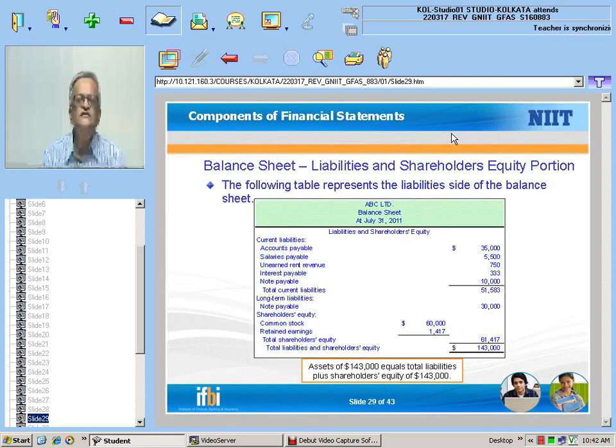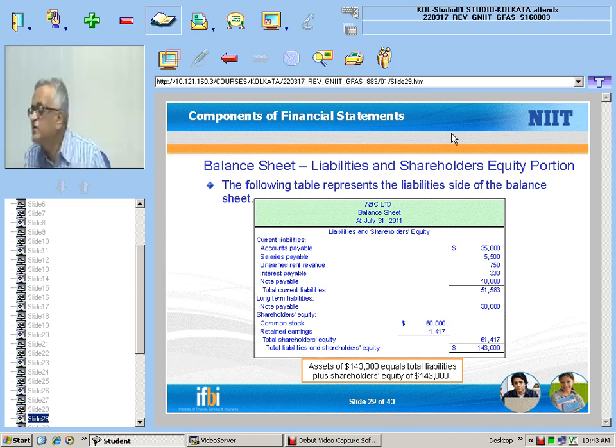And this is the liability side. Similarly, on the liability side also, current liability, non-current liability and equity. So in current liability you can see accounts payable, salaries payable, then unearned revenue, interest payable, note payable, total current liability 51,583.